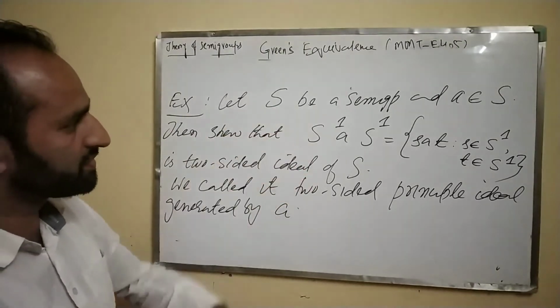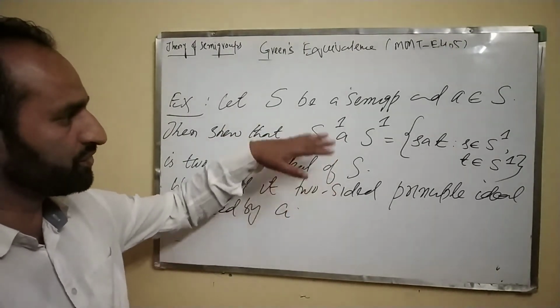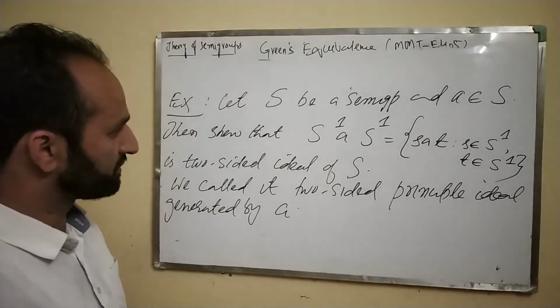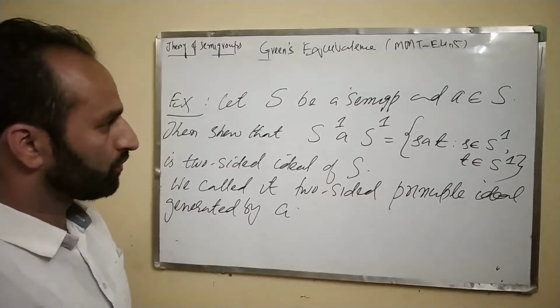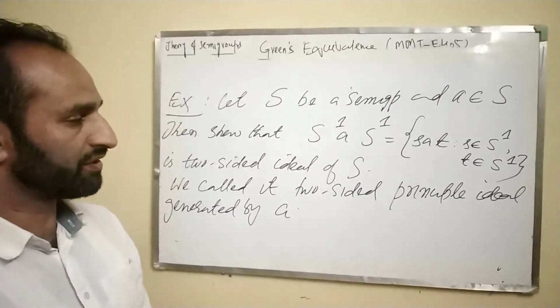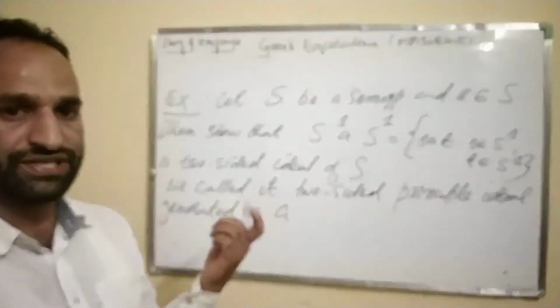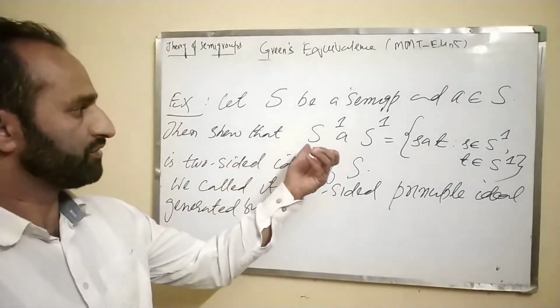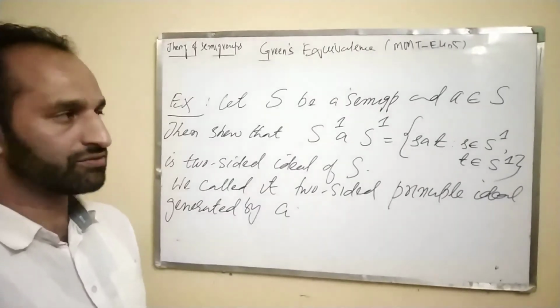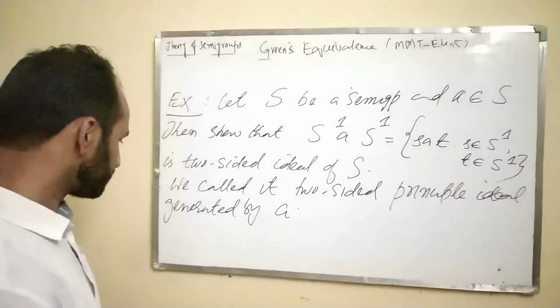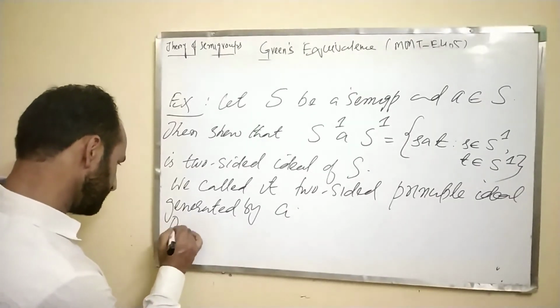And based on this two-sided ideal, we define another relation that we call the J relation. As in case of left principal ideal or right principal ideal, we had defined two relations L and R. Now we have two-sided ideal, we define another relation called the J relation. So let's define that relation.